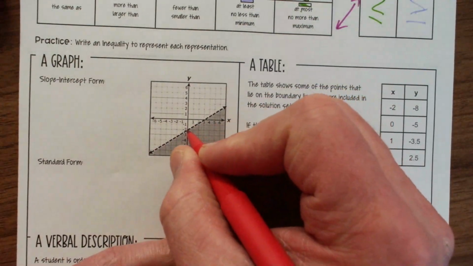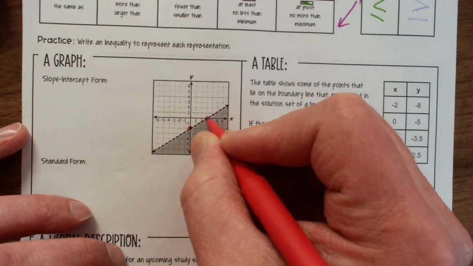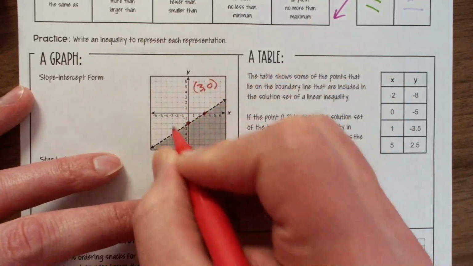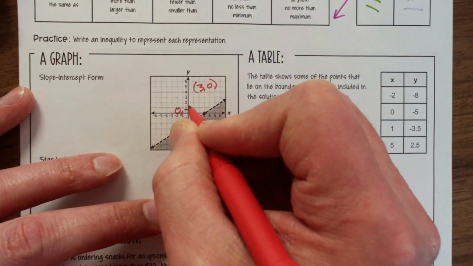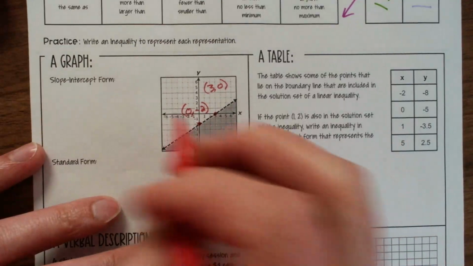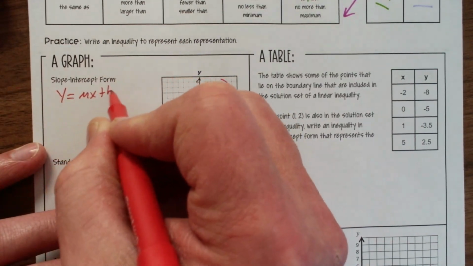So looking at this, it looks like it goes to the point -2, and it goes to the point 3. So I have two options here. I can either use these 2 points in Desmos and do a regression, or I can use the facts of slope-intercept form, which is y equals mx plus b.